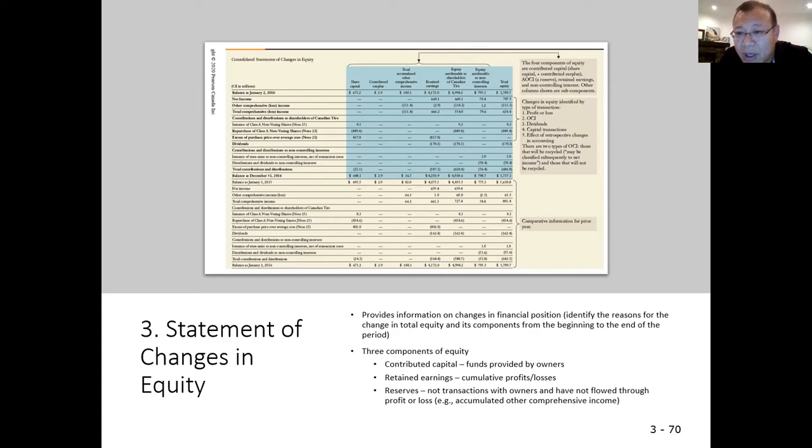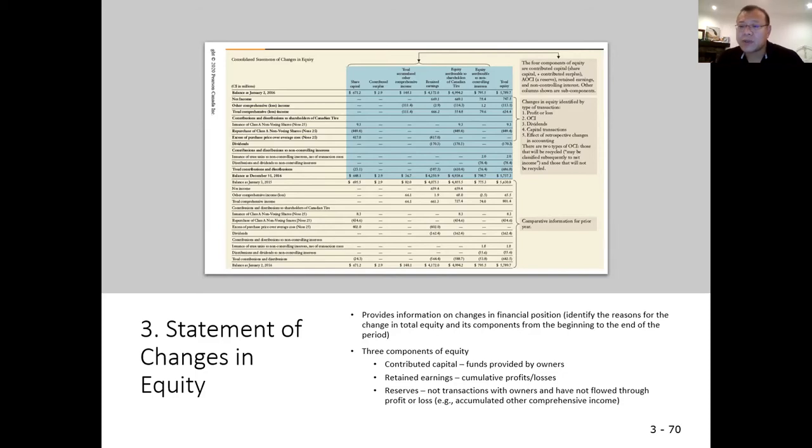In short, accumulated other comprehensive income, AOCI. That's also called a reserve. Okay. Remember, if the transaction is not from the owner, it's not the profit or losses from the operation. If there are some other transactions, that goes to this reserve.